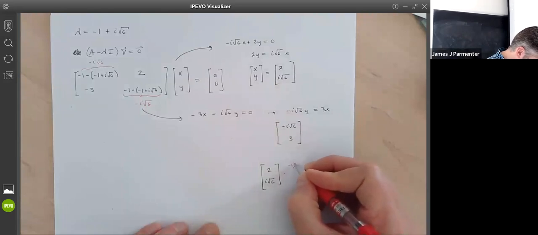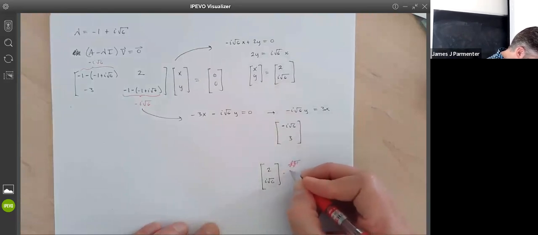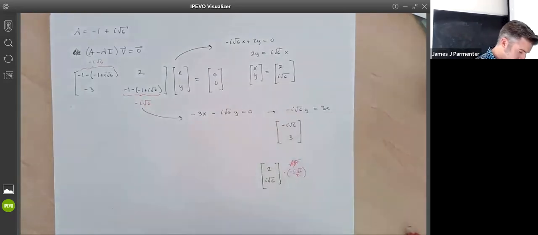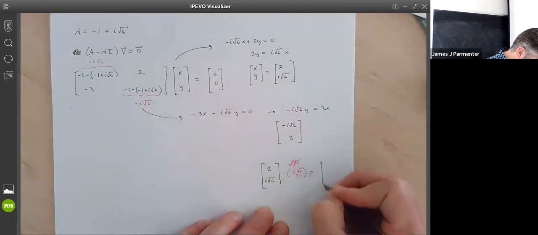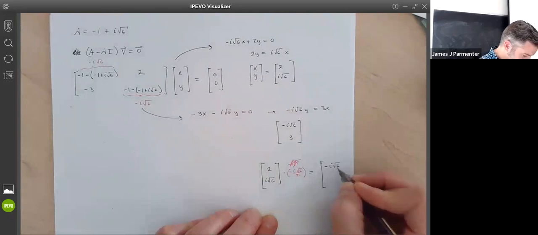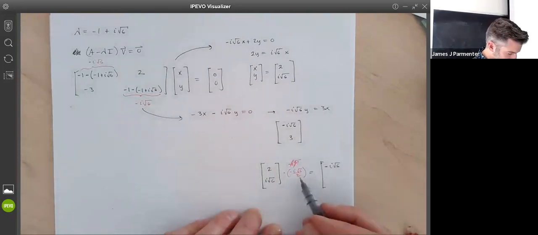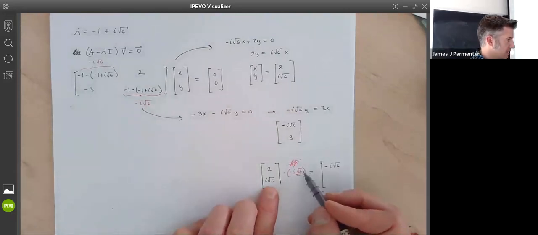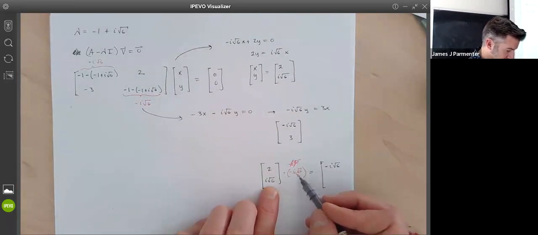Sorry, times negative i root 6 over 2. Let's see what happens. Well, obviously 2 times negative i root 6 over 2 is going to give you a negative i root 6. Now check out the bottom part. What's root 6 times root 6? 6. Divided by 2 is 3.